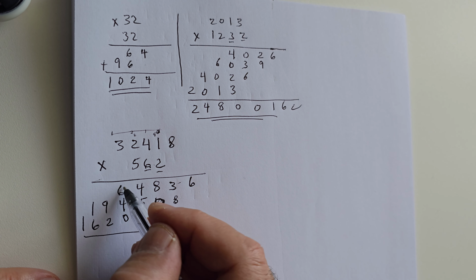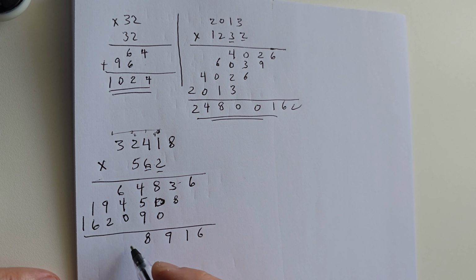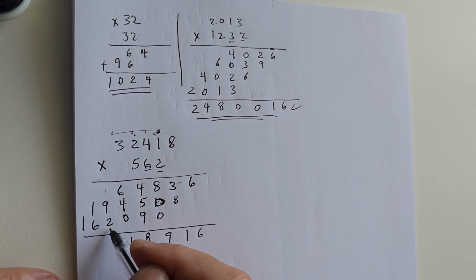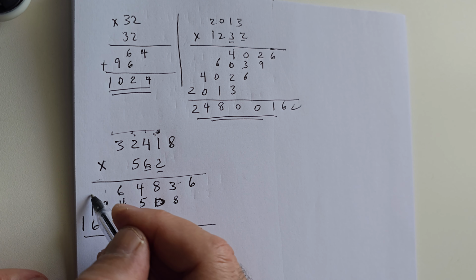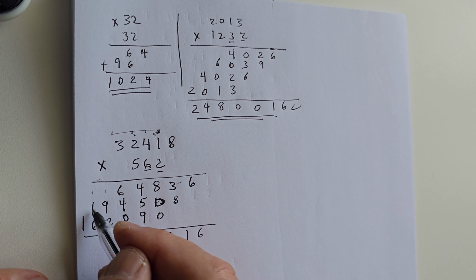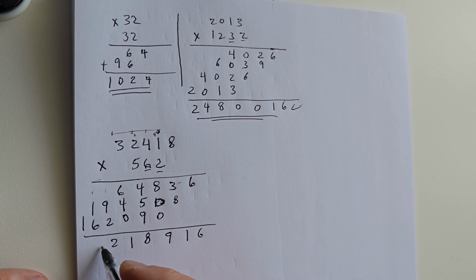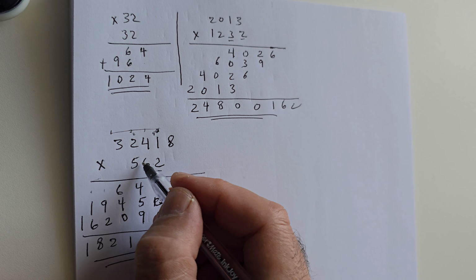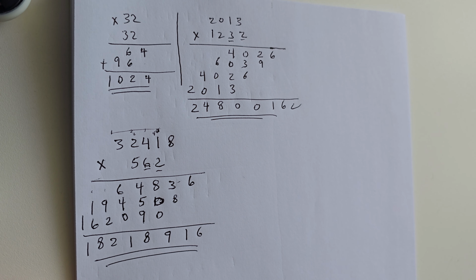There is 1, 1 and 6, 7, 7 and 4, that's 11. And then 1, we got 10, 10 and 2, that's 12. Then we get 1 remaining, 1 and 2, 1 and 1, that's 2, 2 and 6, that's 8, and then we get 1 here. Okay, so there we go. That's our result of multiplying this number by this one.